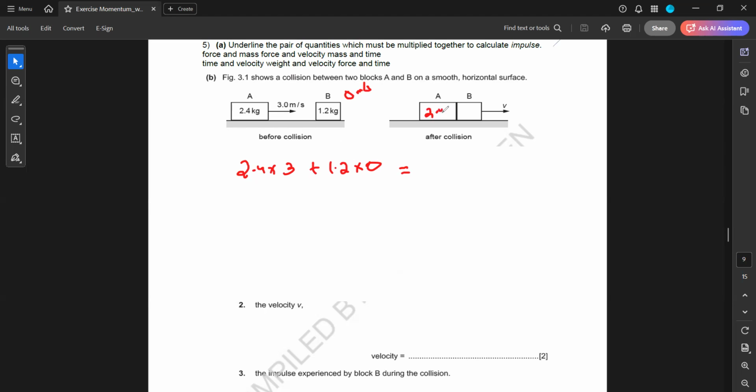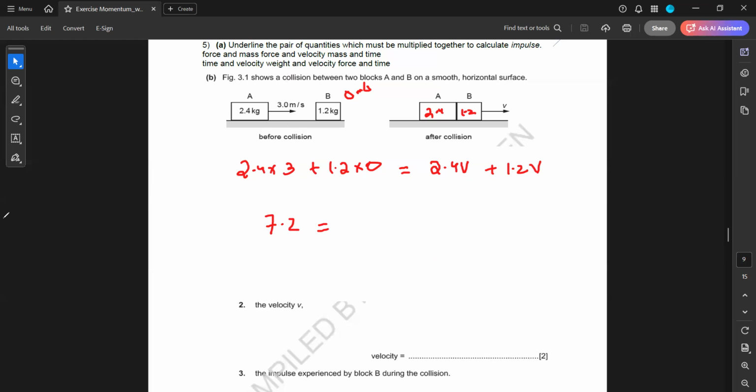The mass of A is 2.4 and the mass of B is 1.2. And they mentioned both objects stick together and move together. So when two objects stick together, they move with the same speed. So the momentum after will be 2.4 times V and 1.2 times V, because momentum is the product of mass and velocity. 2.4 times 3 is 7.2.